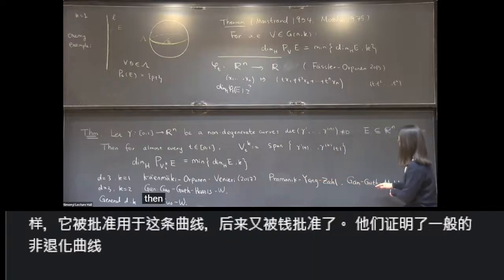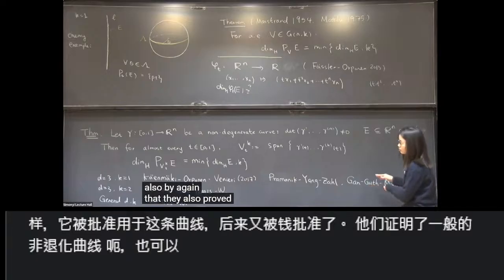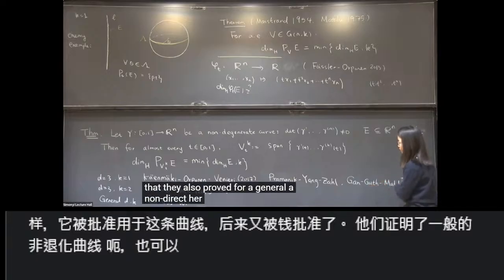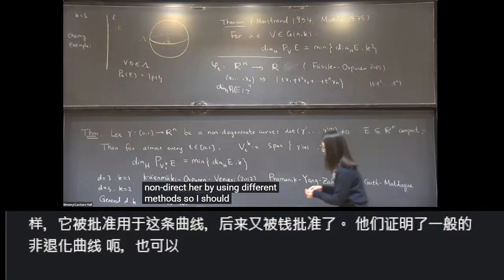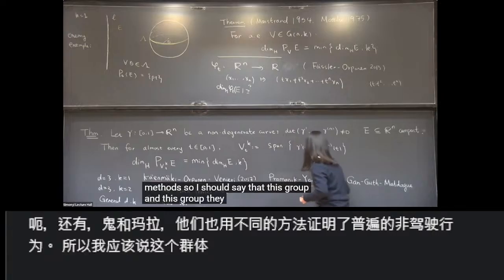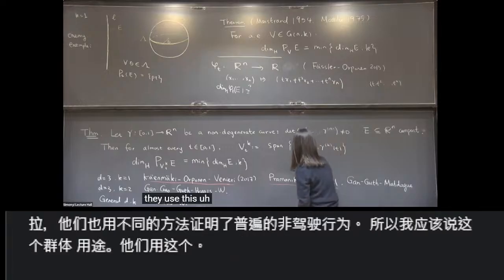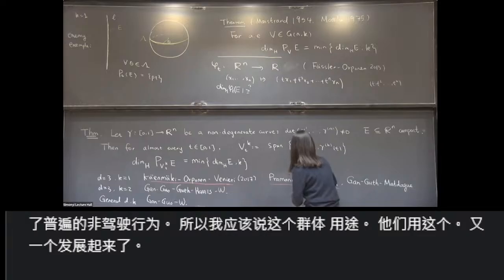Then also Gan, Guth and Maldague proved it for a general non-degenerate curve by using different methods. So I should say that this group and this group use a method developed by Wolff and Schlag.